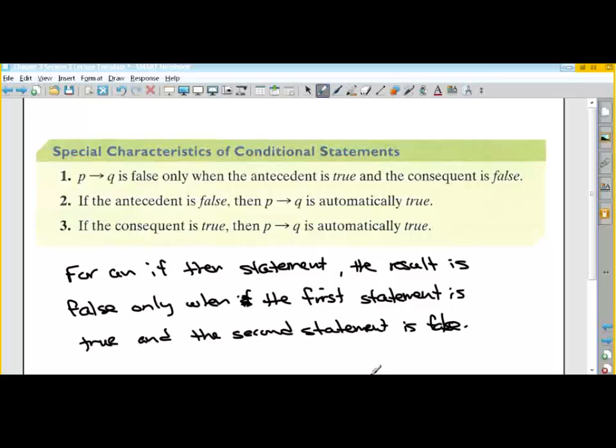So it's kind of like the same reasoning I used in the other ones. I specify the conditions, the combinations, such that it's kind of like the exception. 3 out of the 4 are true. The only one that's false is when the first is true and the second one is false. Everything else is true.